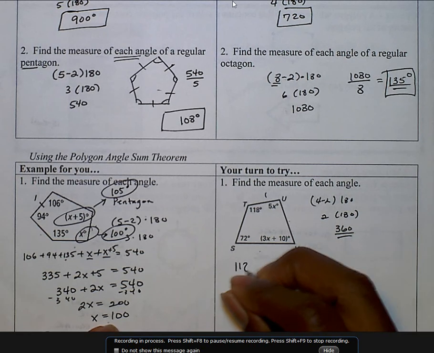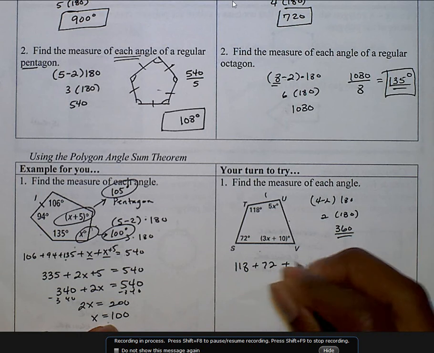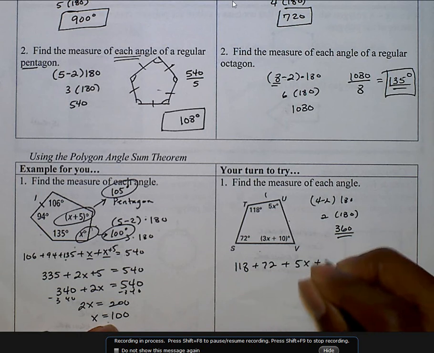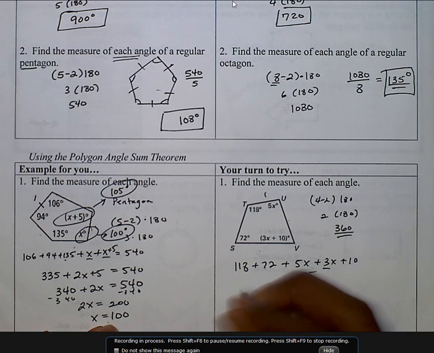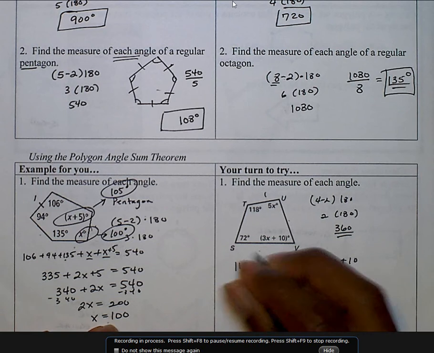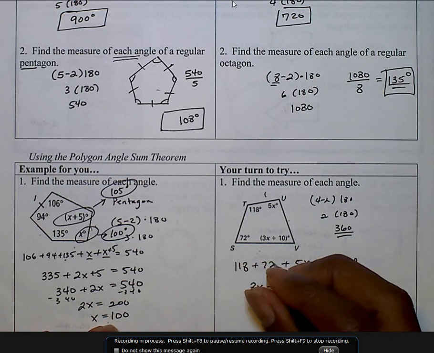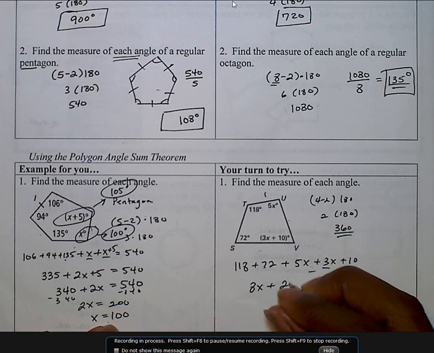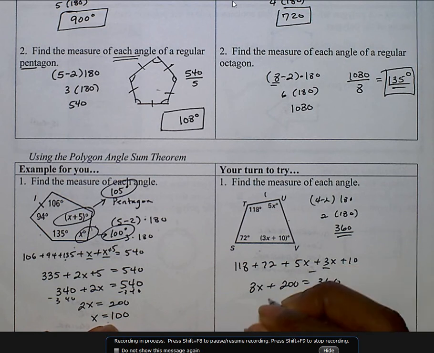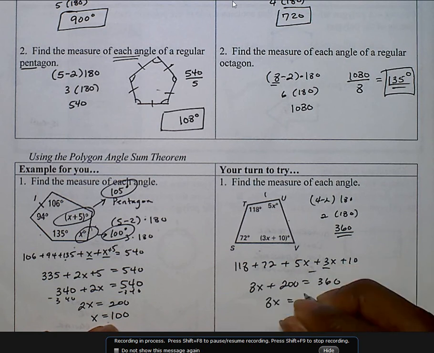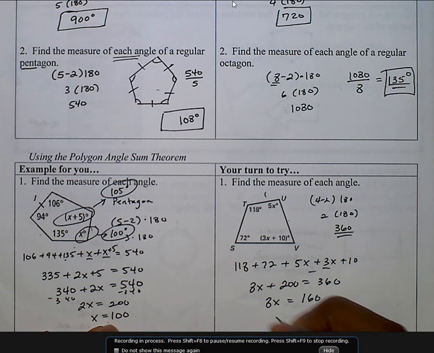I should add these together. 118 plus 72 plus 5x plus 3x plus 10. So I have 8x plus 200 equals 360. 8x then will give me 160, and so x is going to give me 20 degrees.